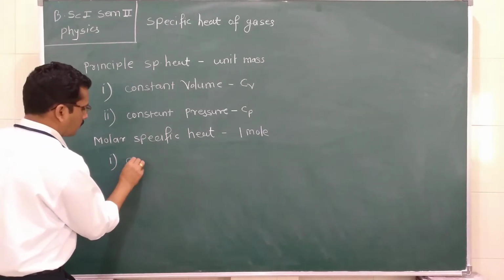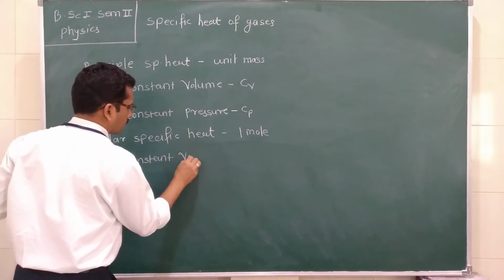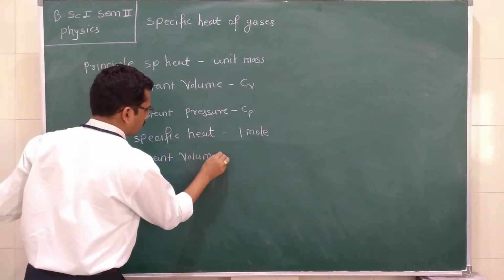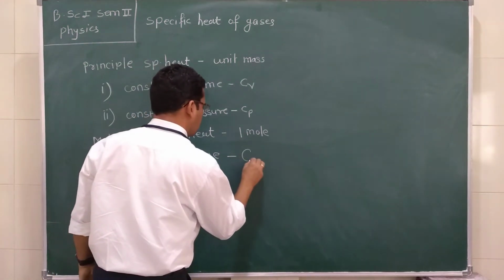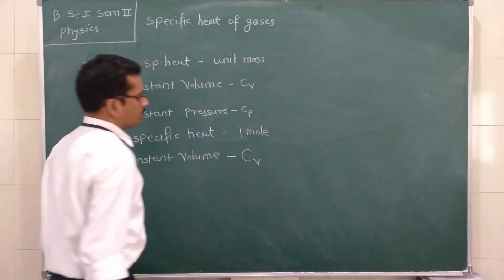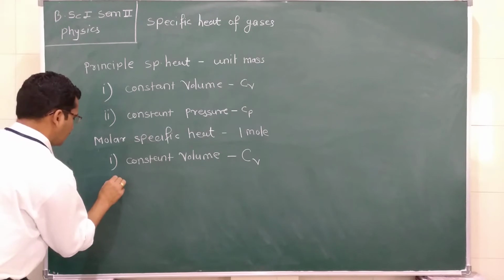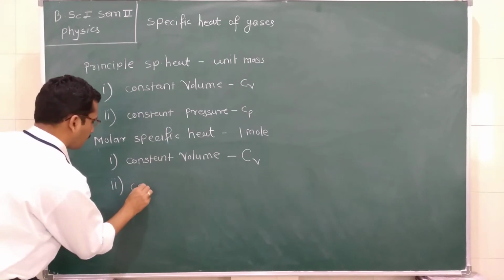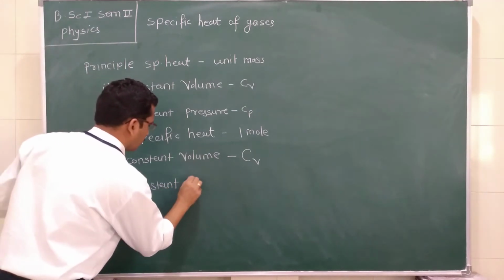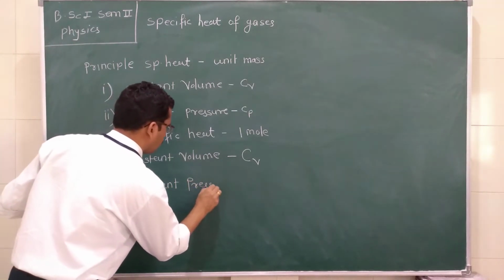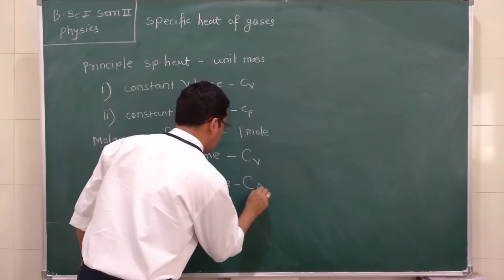It is constant volume and this is denoted by capital Cv. Okay, so this is small c and this is capital C. Then the second one is at constant pressure, and at constant pressure it is denoted by capital Cp.